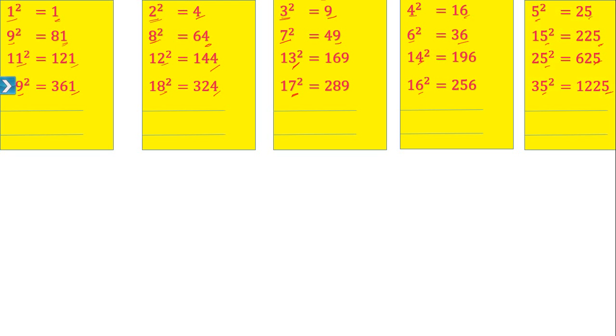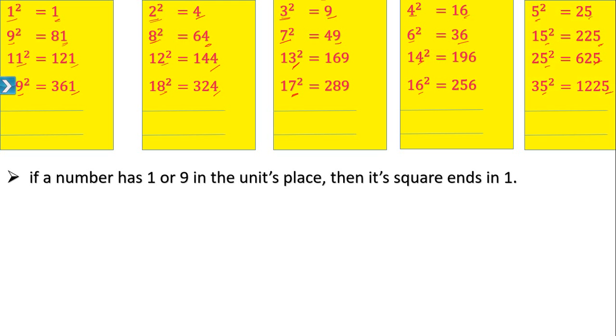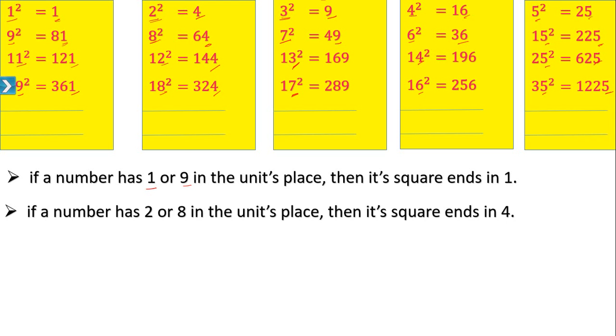Now look at these 5 sets of examples and you have to answer the following. See here, if a number has 1 or 9 in its units place, then its square ends in 1.